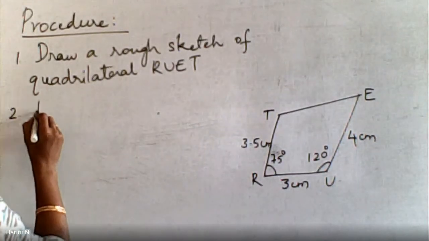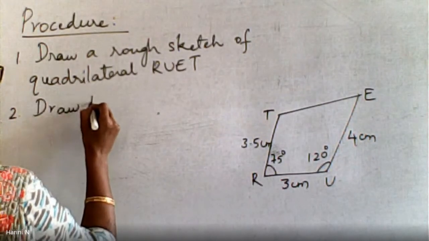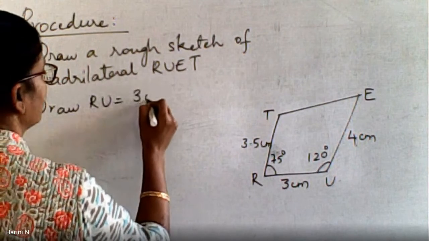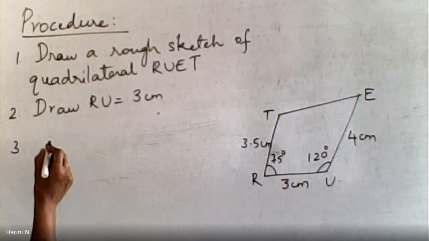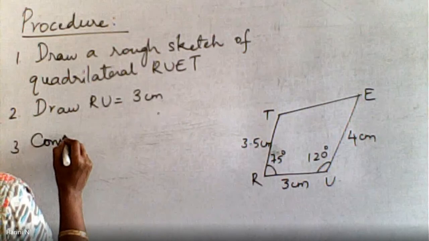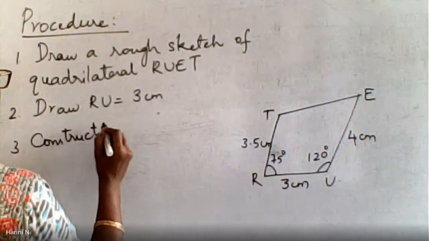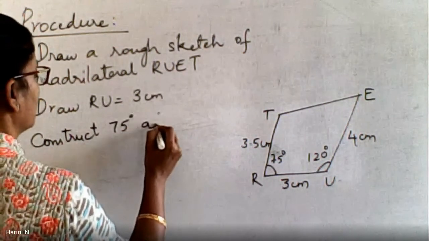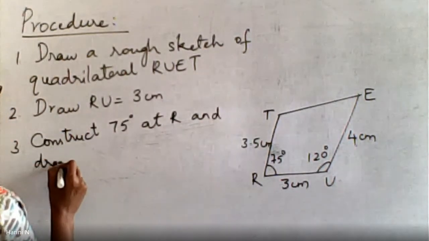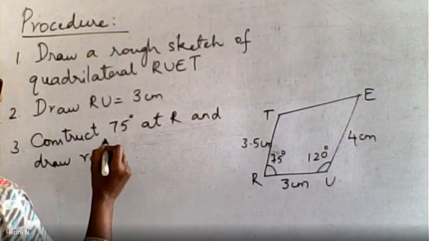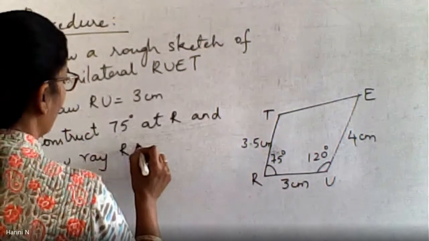Draw RU equals 3 centimeters. Right? Third step. Construct 75 degrees at R and draw the ray. We call it RX.